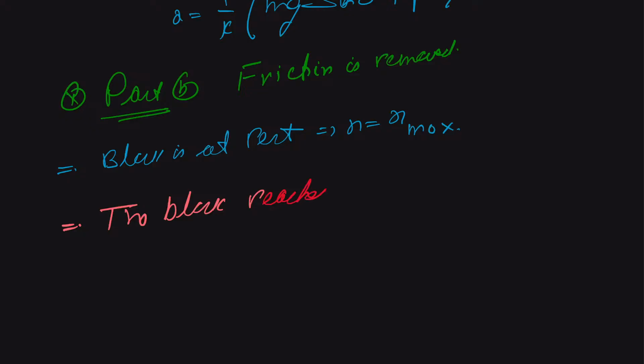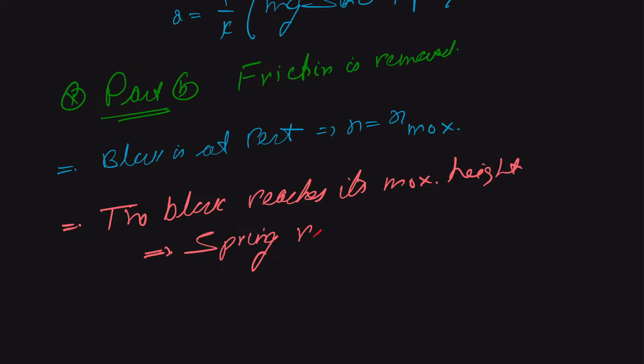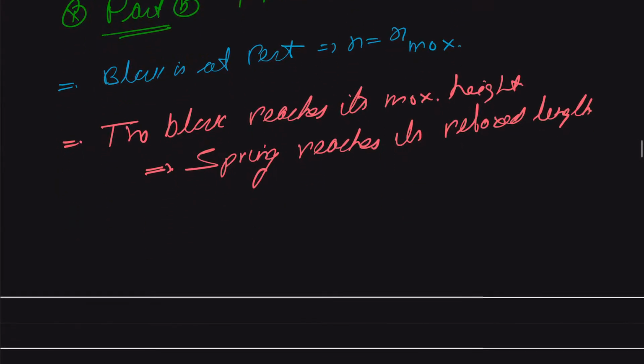Therefore we can say that the spring reaches its relaxed length. Based on this, we can draw an important conclusion: the final spring compression is equal to 0.